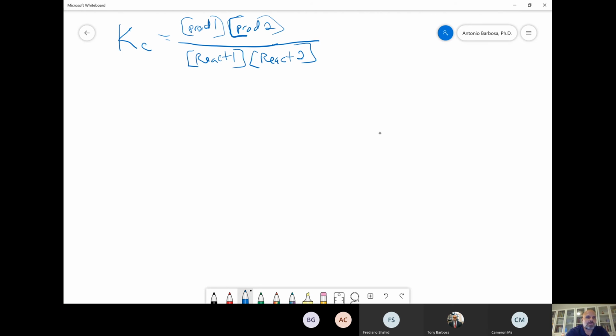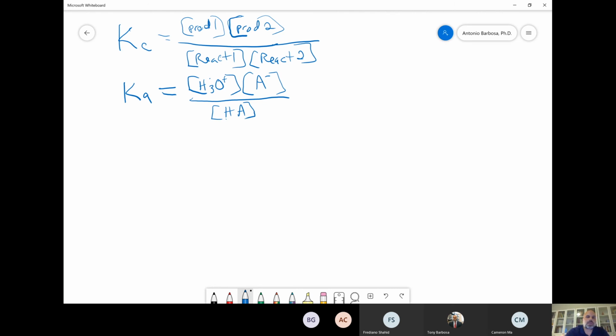When we start talking about Ka, Ka is just the exact same thing. The only difference is that our products just happen to be H3O plus, so an acid, and its conjugate base, A minus, all over HA, which is our reactant.